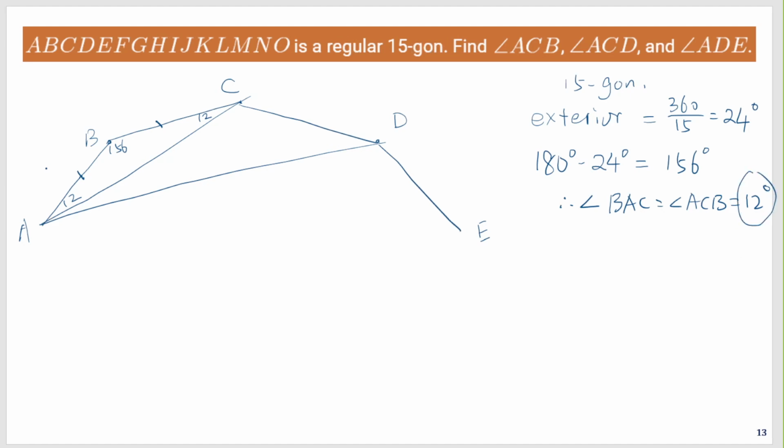And then next, let's consider angle ACD. So angle ACD equals angle BCD minus angle ACB. We know angle BCD is 156 degrees minus angle ACB, which is 12, and that gives us 144 degrees, right?